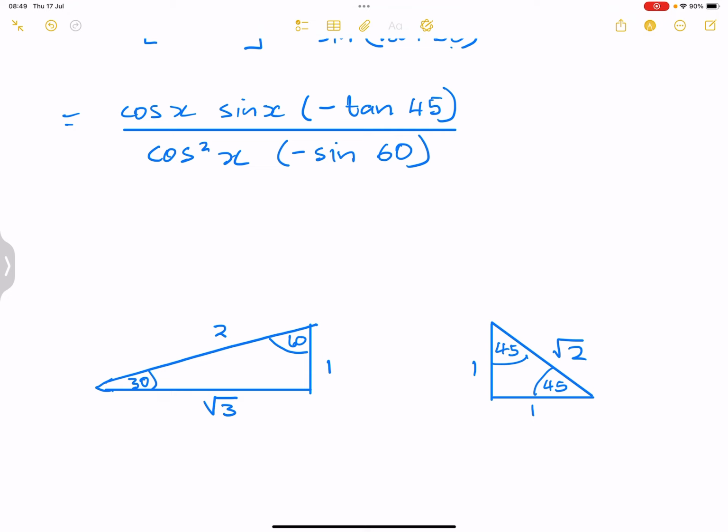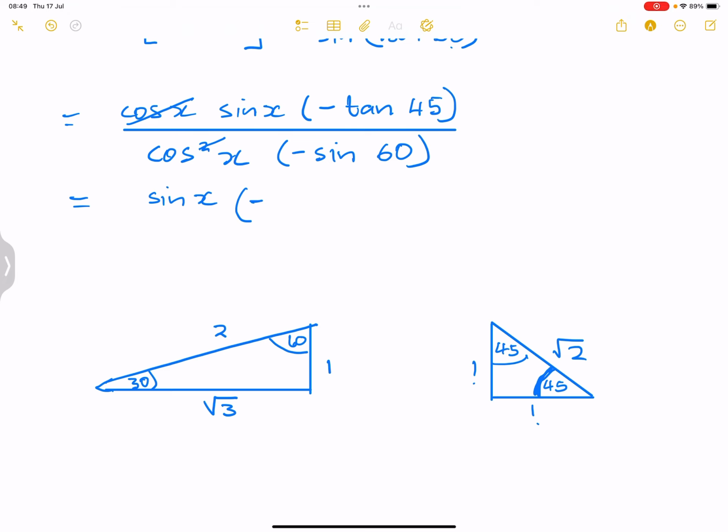Right, so let's solve for this. I can see that the cosine here is going to cancel one of the cos's there, right? So what do I have? I've got sine x multiplied by negative tan 45. So tan 45, and what is tan? Tan is y over x, right? So that's 1 over 1.